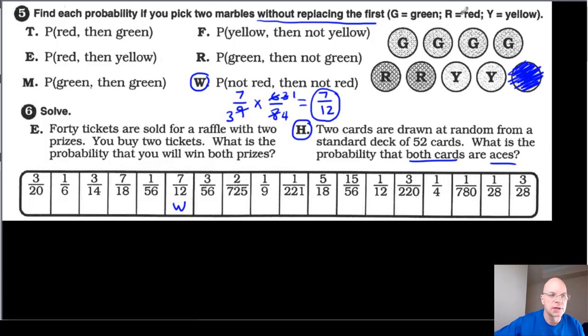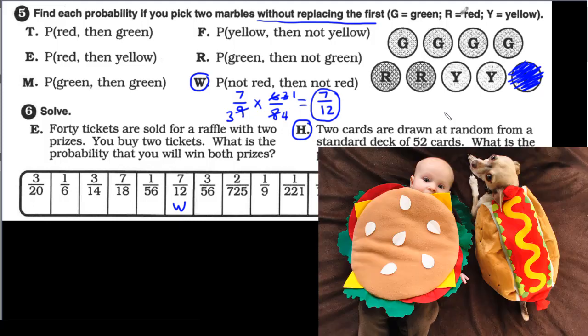This is the same as calculating the probability of drawing an ace and then an ace without replacement. So try to find those 2 probabilities during the pause, and then calculate the overall probability and come back and see how you did. Paused.